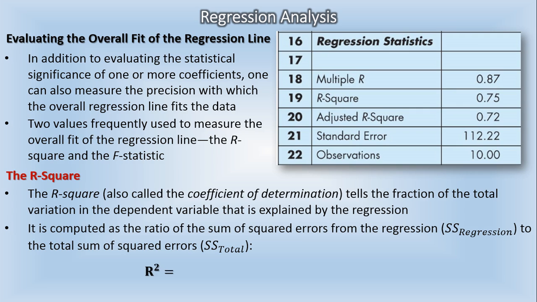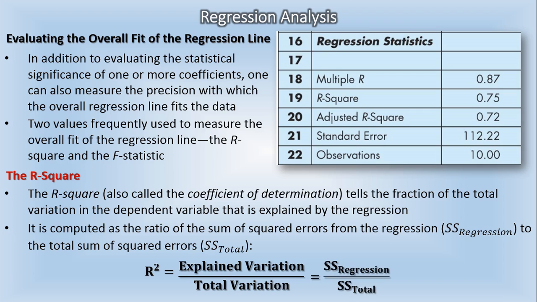So then the question is, how much of the variation in the actual data is being explained by the variation in the model? And that's what the R squared can tell us. It's the ratio of the explained variation to the total variation, so you've got the regression sum of squares over the total sum of squares.